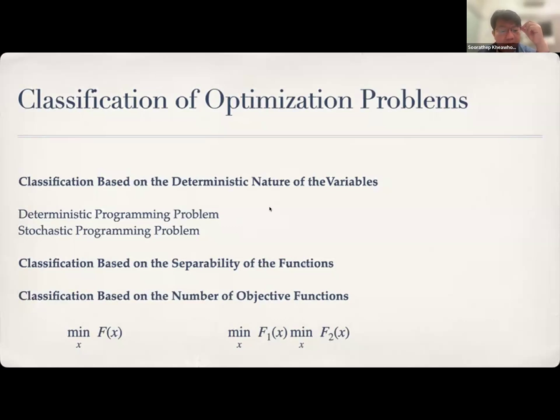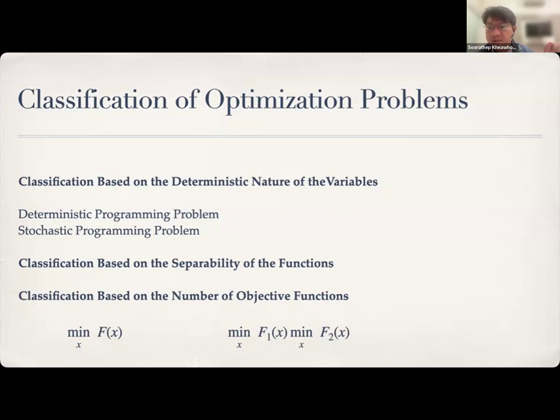The next thing is the classification based on the separability of the function, and the classification based on the number of objective functions. This is interesting because in our previous cases, we considered only one objective at a time. We formulate the optimization using only one objective.